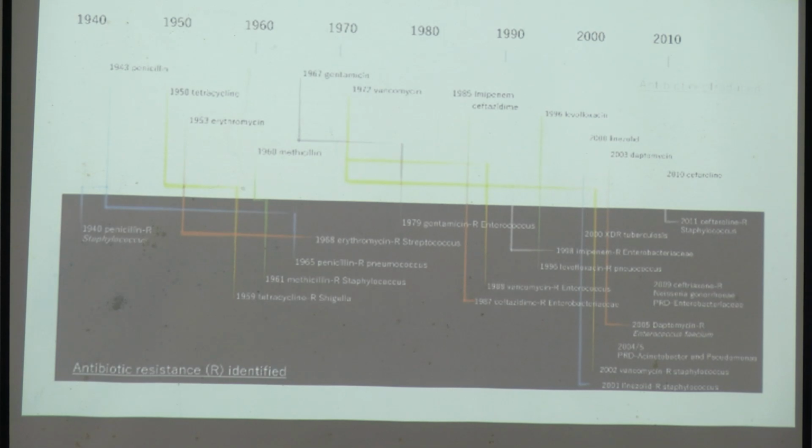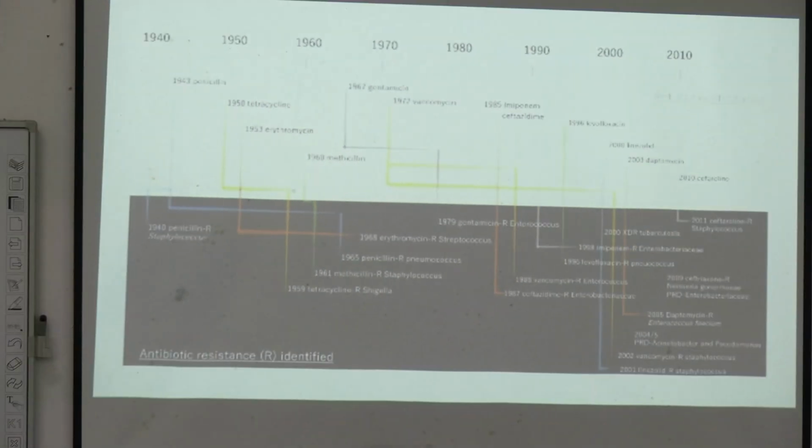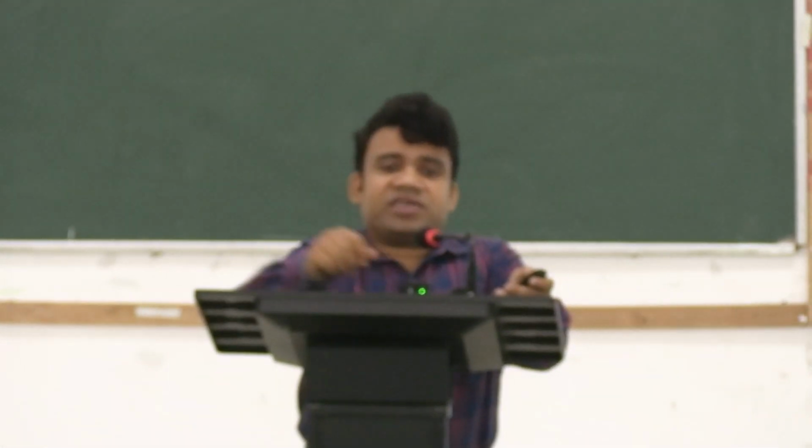As of today, we have controlled many of the bacterial diseases. Many bacterial diseases have been prevented by vaccines. The most notable one is tetanus. I think most of you are vaccinated against tetanus, and the cases of tetanus have reduced drastically, not only in India but worldwide.